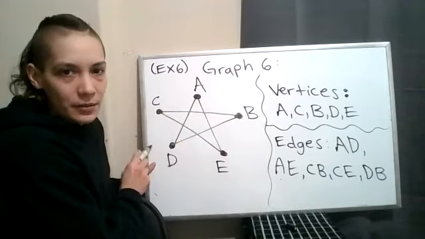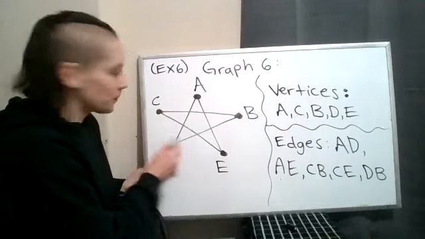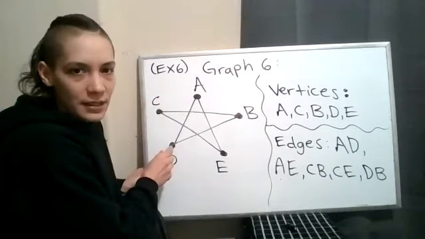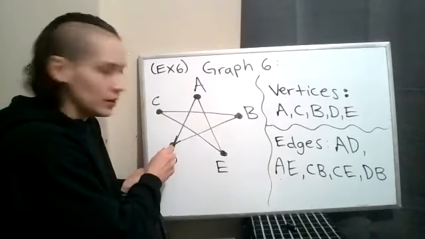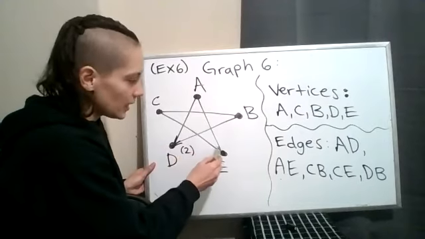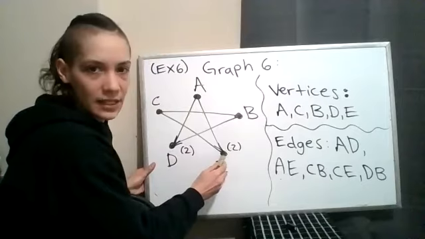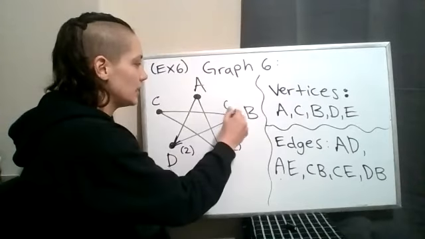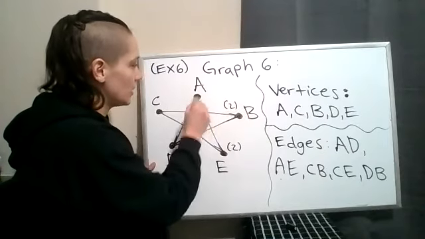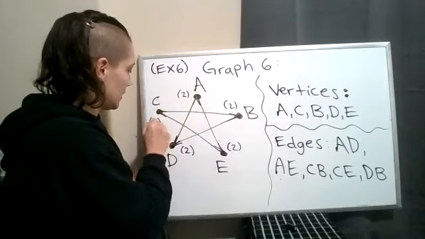The degree is how many lines meet the dot. So this one has degree 2 with 2 lines. This has degree 2, with 2 lines connecting to that dot. Same here, 2 lines go there, 2 lines.